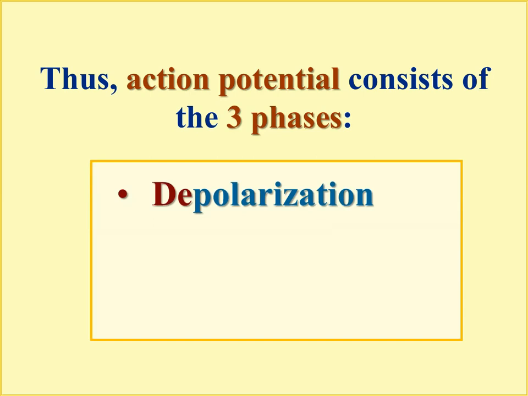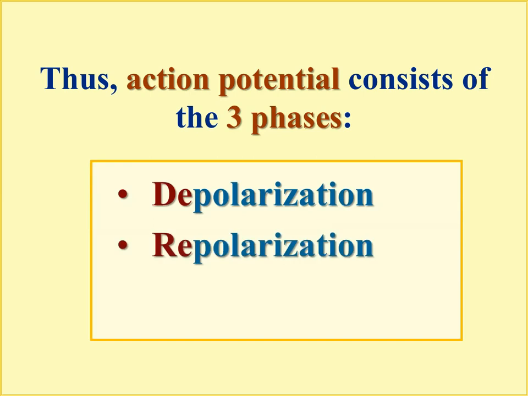So first is depolarization, when negativity decreases, and actually it not only decreases, but comes to the opposite charge, which is the reversed potential, so it comes to positivity. Then the repolarization phase restores the potential from positive charge back to the normal resting level.